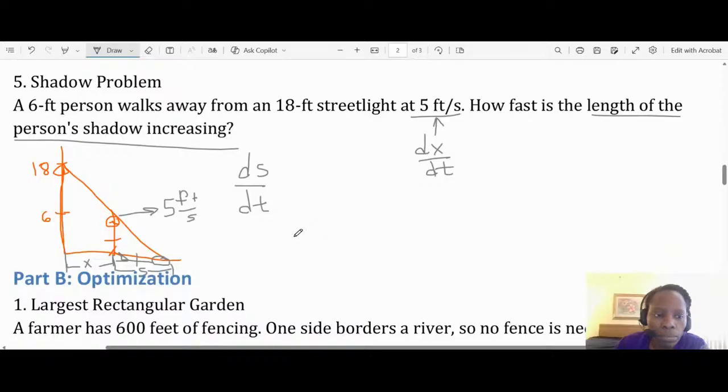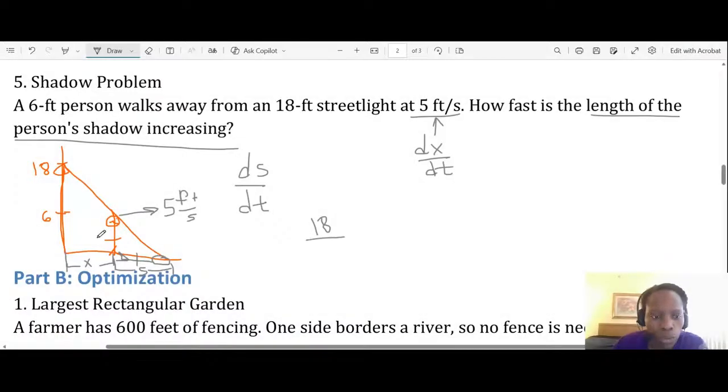So 18 is to x plus s as 6, the little triangle inside, is to s.